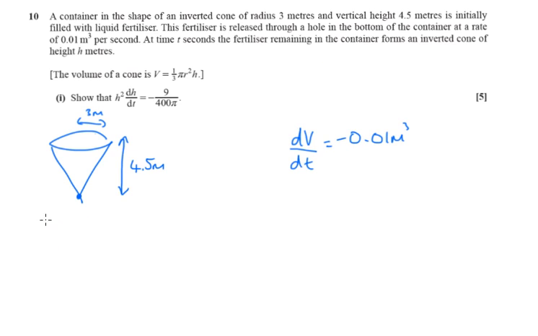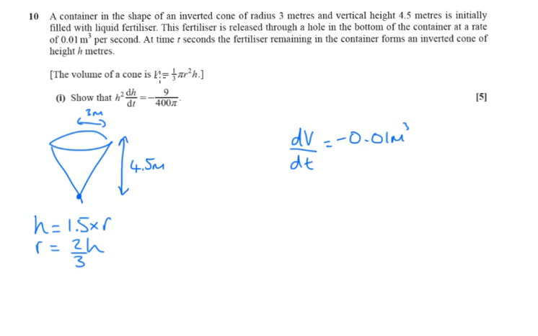That's not too difficult because we're told that the radius is 3 and the height of the cone is 4.5, and you can see that if we times the radius by 1.5 we get the height. So the height is 1.5 times the radius, and so the radius is 2/3 of the height.